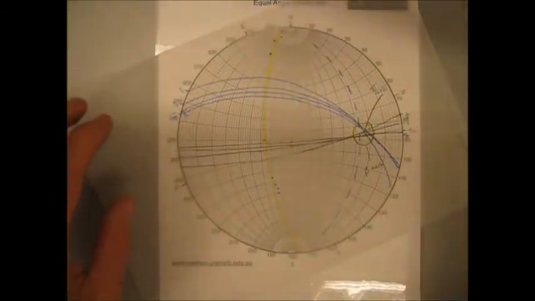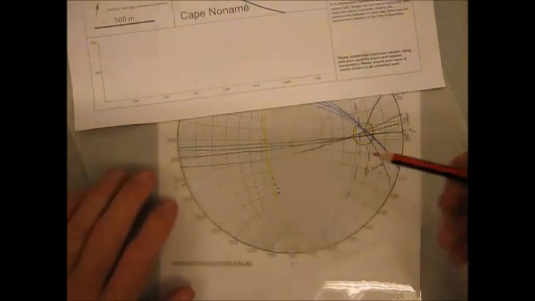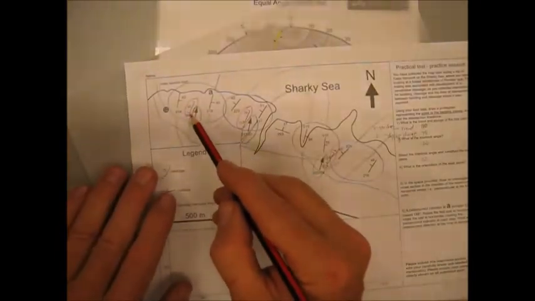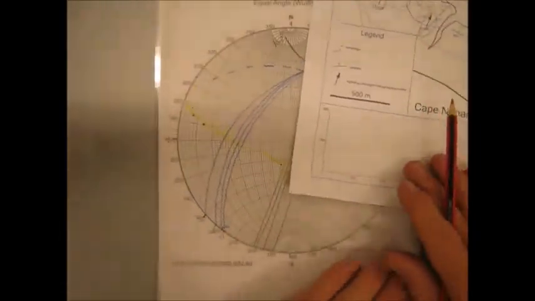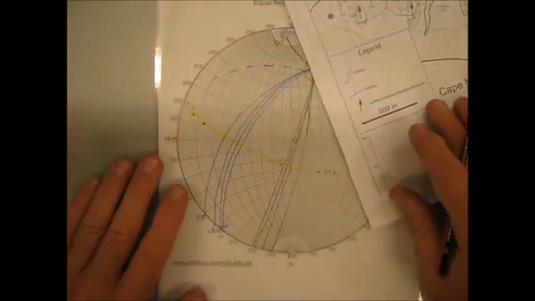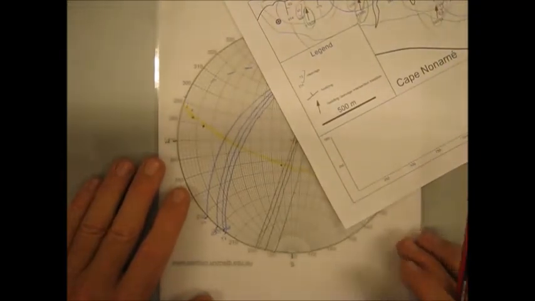So now if I put the cleavage poles on, okay, I've shown the cleavages in red on there, I've circled them in red. So we have 3 cleavage measurements, and I'm going to put each of them on. So we have one with a strike of 208 degrees and a dip of 63 to the west.